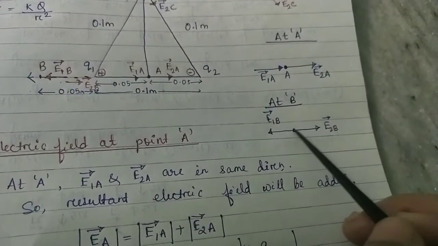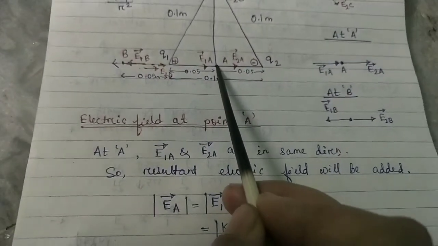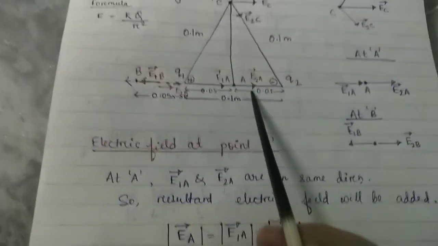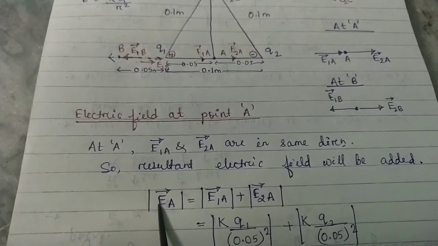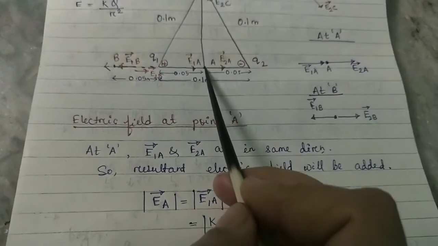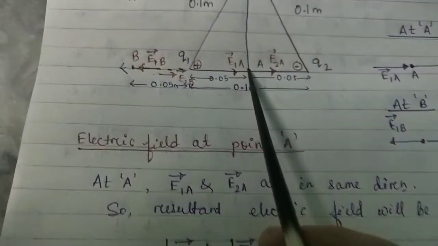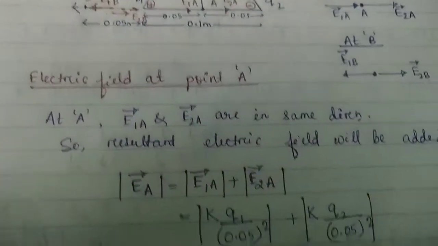If they are in different directions, they will be subtracted. So at point A, you see both are in the same direction, so they will be added. So here I have taken the magnitude of E at point A equal to magnitude of E1A plus magnitude of E2A.